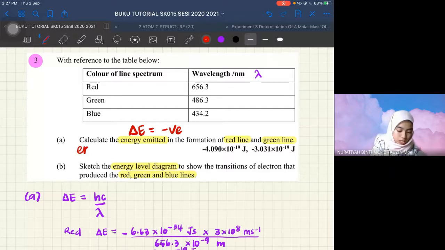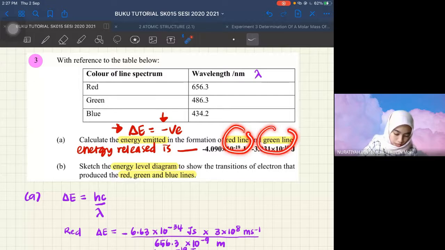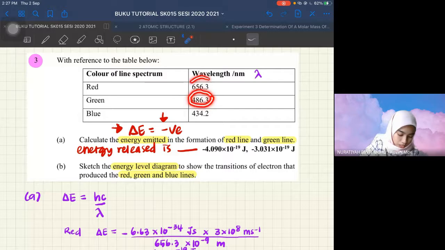If you write energy released, you give the value only. If you write delta E, which is what we are going to calculate, you must put a negative sign in front, because negative tells you that energy is released, not absorbed. So energy emitted in the formation of the red line and green line.